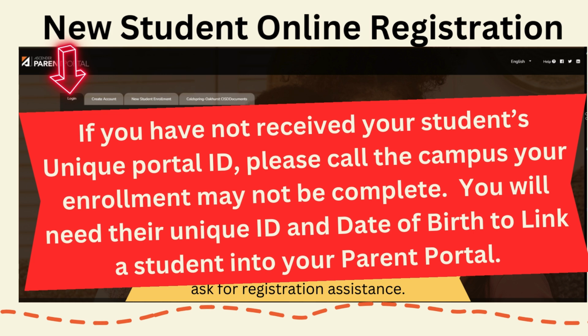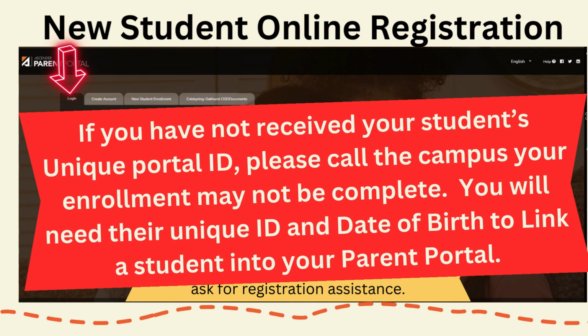Only after all documentation and information is received and your student is accepted into our district will you receive the unique portal ID that allows you to link that student to your parent portal and then see their attendance, grades, and other data.